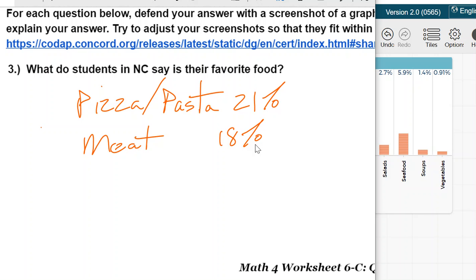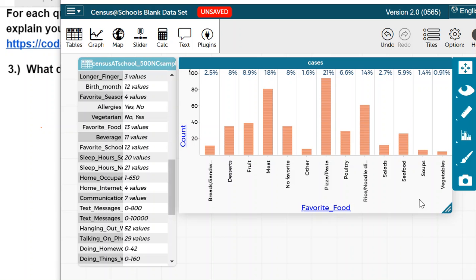And I guess meat can be steak, can be chicken, could be fish. I guess sushi would qualify for that. But in any case, that's the way that we'll look at the data. Although they did have seafood as a separate category. Well, let's look at our categories. Seafood is a category, so I guess fish and sushi would fall under that.